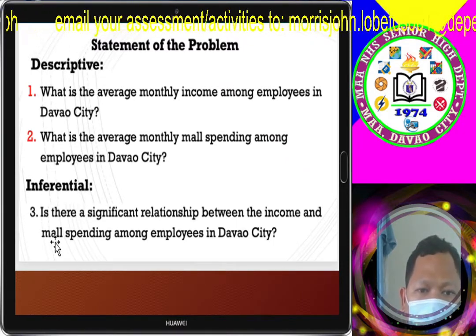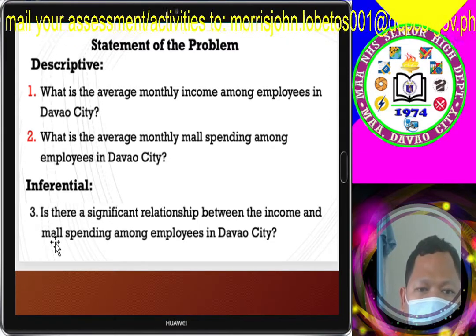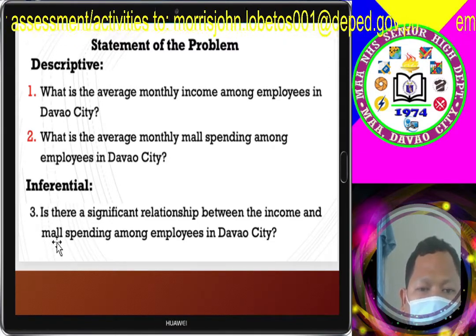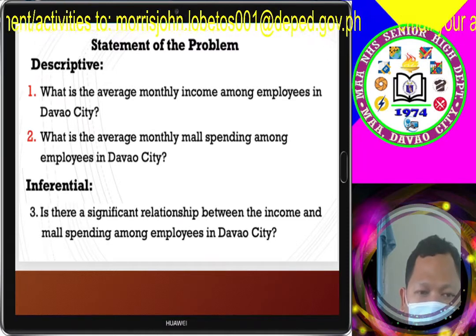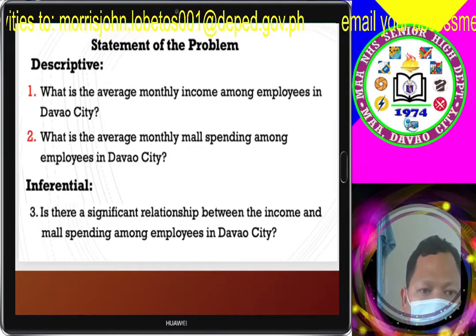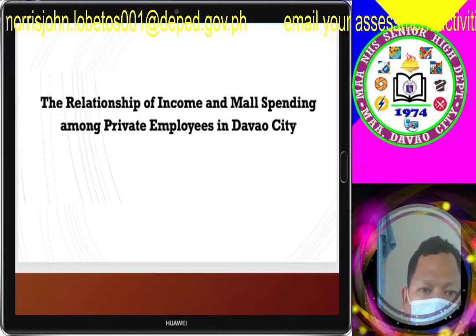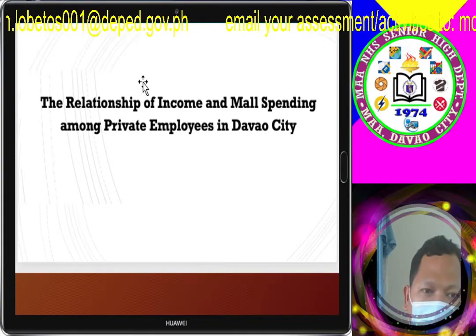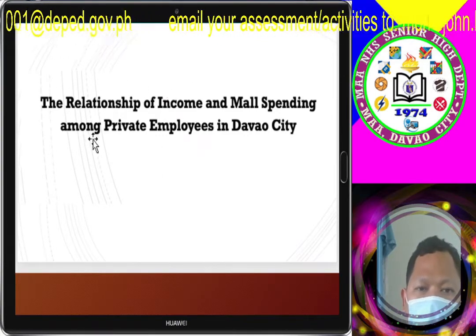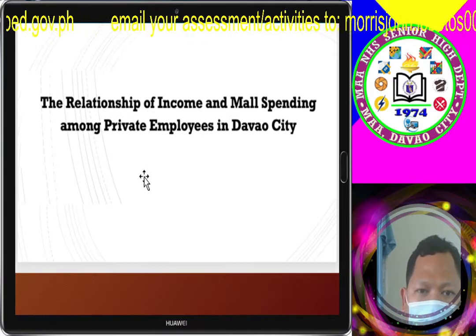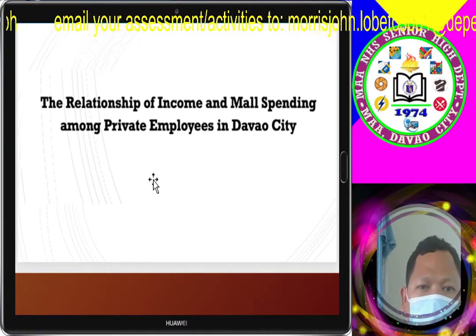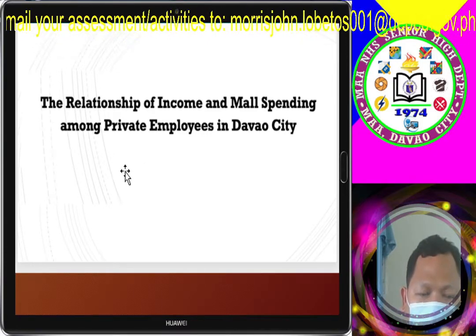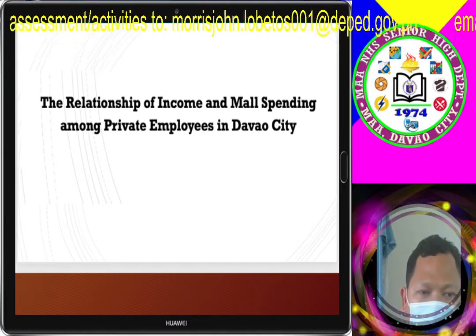And third, is there a significant relationship between income and mall spending among employees in Davao City? This is the research title based on that conceptual framework: The Relationship of Income and Mall Spending among Private Employees in Davao City. Okay, let's have another.